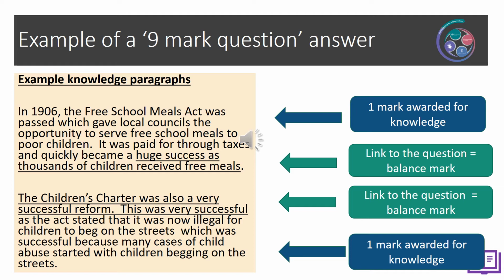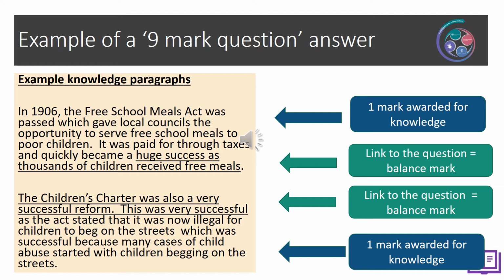So the first point in the first paragraph: in 1906 the Free School Meals Act was passed, which gave local councils the opportunity to serve free school meals to poor children. That was given a mark for knowledge. The last part of that paragraph, you can see it underlined.